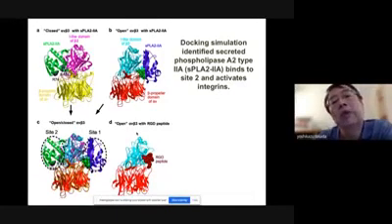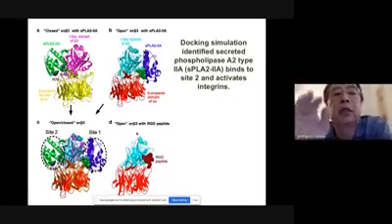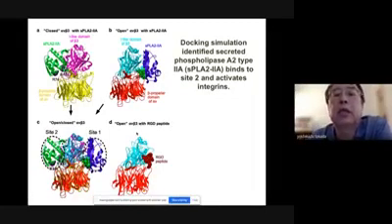Yeah, so we found that several other proteins can also bind cyto2 and activate integrin. So this is one example. Another example is this pro-inflammatory protein. This was originally found in rheumatoid arthritis fluid from the patient.